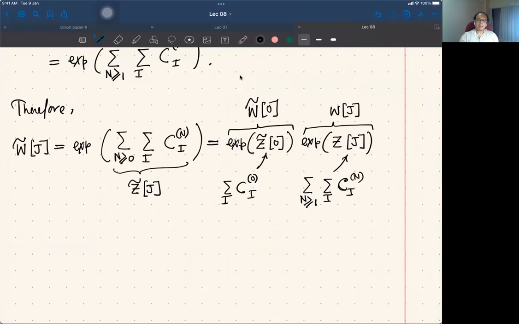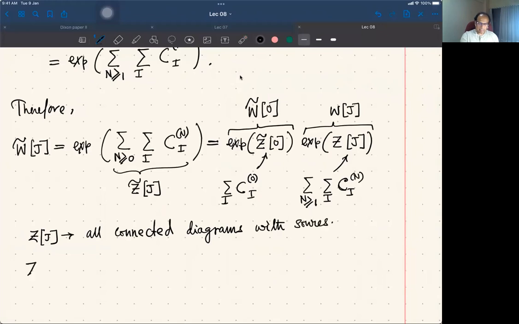Z's are the sum of connected diagrams. Zj contains all connected diagrams with sources, and Z tilde 0 contains all connected vacuum diagrams.